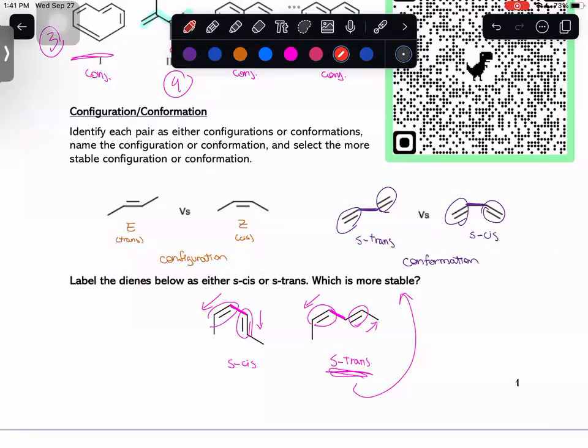Okay, how do I know that a double bond is really stable? If it's trans, and what else? What if I'm just looking at an individual double bond? How do I know it's really stable besides just being trans? This is going to come into play for the next concept that we're going to talk about.